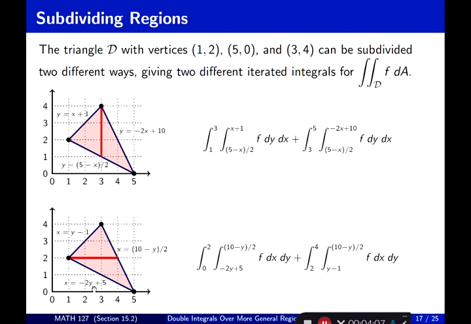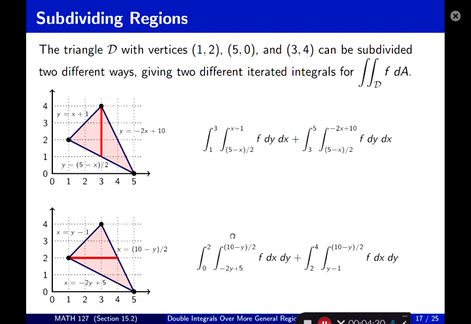And same thing here. So for the lower triangle, the x value is between negative 2y plus 5 and 10 minus y divided by 2, and y goes from 0 to 2.